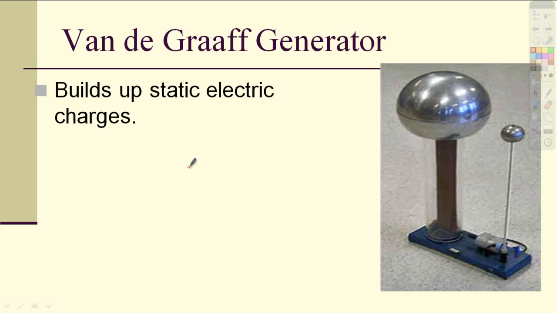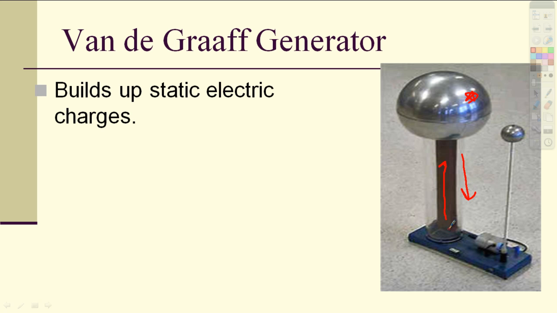And here we have a Van de Graaff generator, which is what the MOS uses in their lightning show, just a really huge one. How they work is you have this metal sphere here, and you have this belt. It's like a conveyor belt that goes up on one side and down on the other.